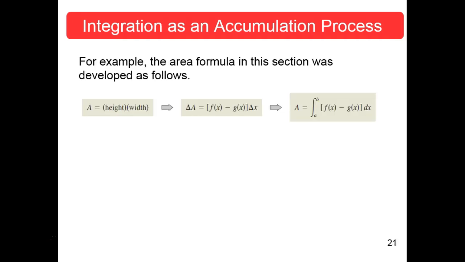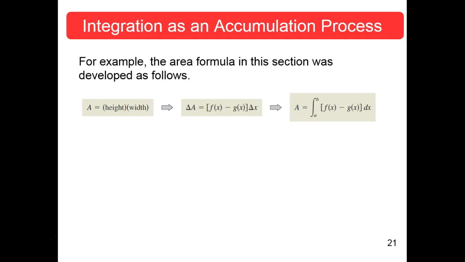Okay? For example, the area formula in this section was developed as follows. The area is the height times the width. The height turned out being the difference between f and g of x when we were doing a vertical rectangle, and the width was your delta x.